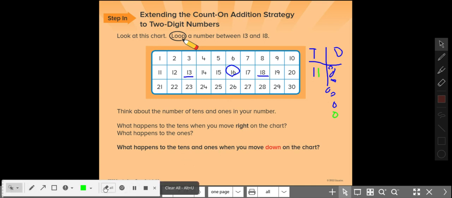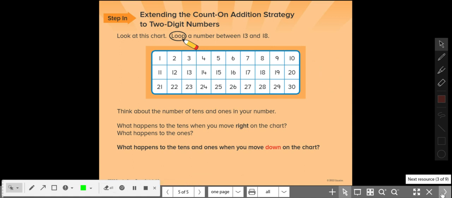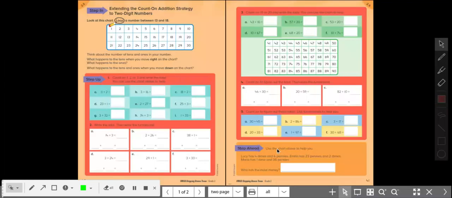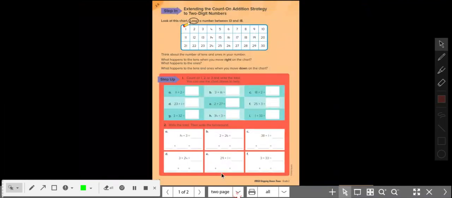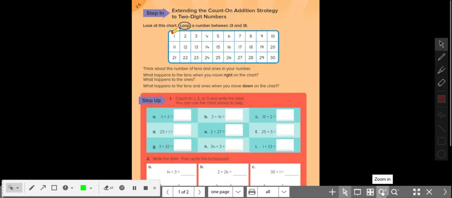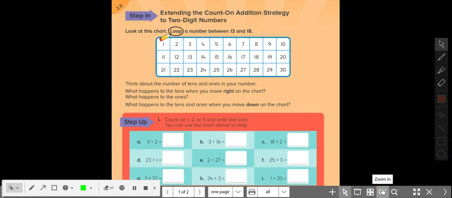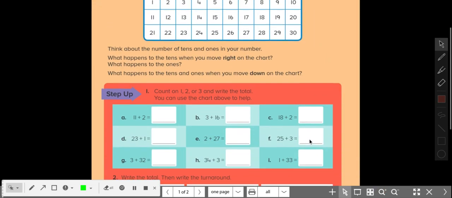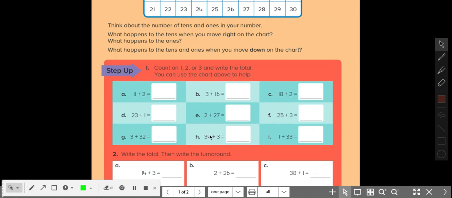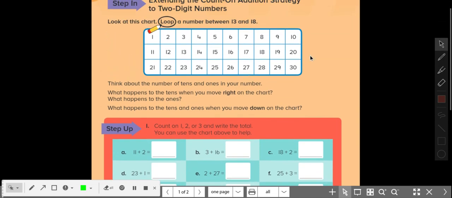Let's look at our worksheet. On our worksheet, on the step up, our directions say, count on 1, 2, or 3 times and write the total. You can use the chart above to help you. So we have our chart right here.